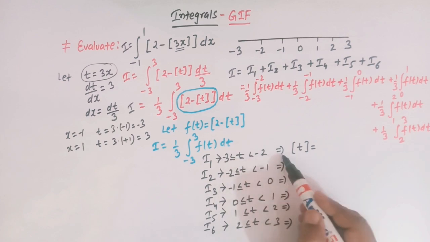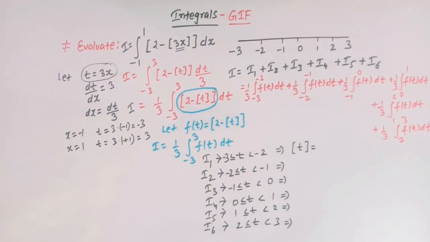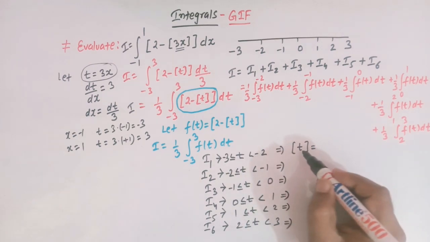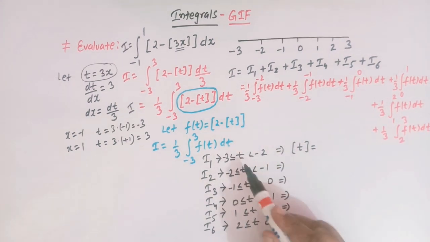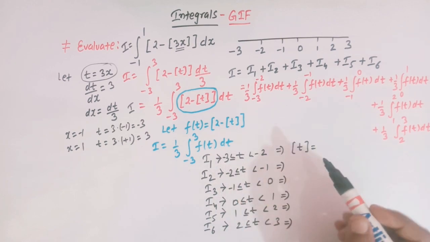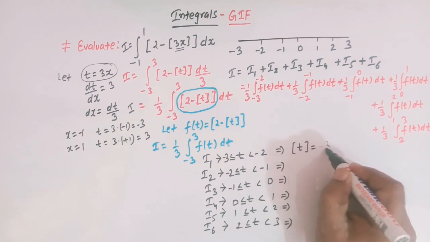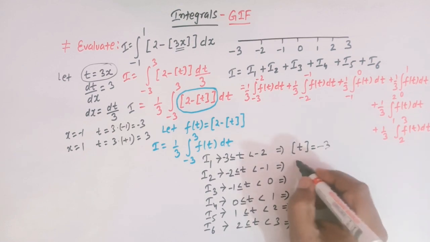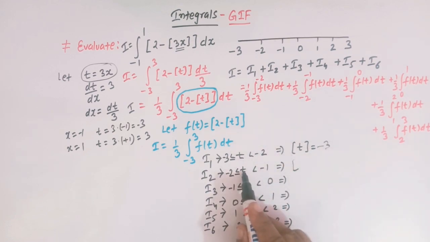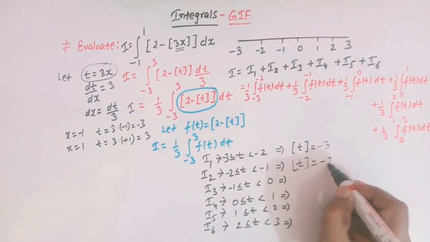From this information, we'll now write the value of the greatest integer of t in these integrals. When t lies between -3 and -2, by the definition of the greatest integer function, the greatest integer of t is -3. When t is between -2 and -1, the greatest integer of t is -2.